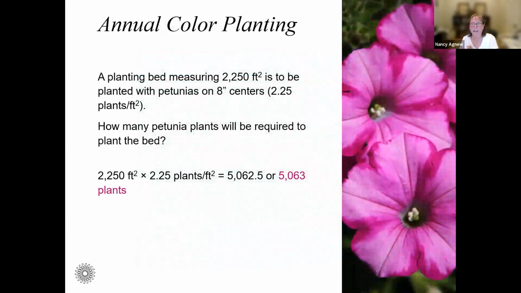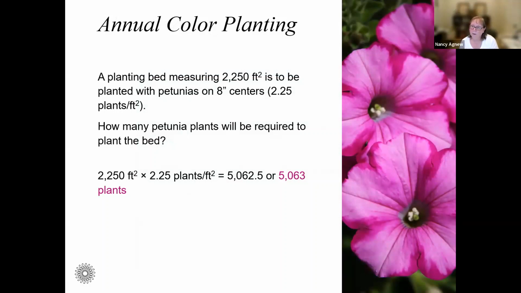Okay, so here's an example. This is an annual color planting or bedding display, or however you like to describe it. So we've got a planting bed that measures 2,250 square feet. It's to be planted with petunias on 8-inch centers. So 8-inch centers, if you use the table, is 2.25 plants per square foot.